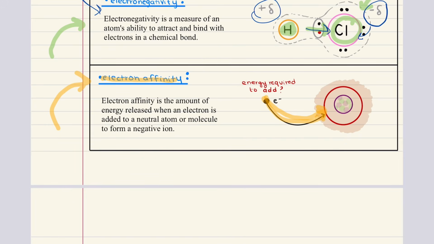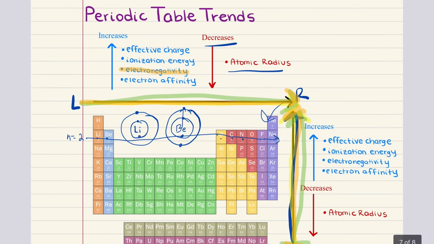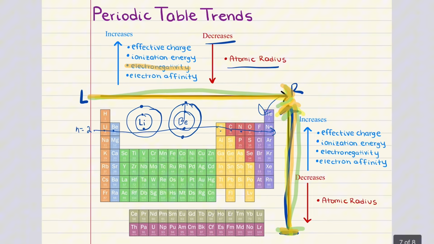Now, the stronger the electrostatic pull, the higher the effective nuclear charge between the nucleus and the valence electrons, the greater the energy release will be when the atom actually gains the electron. So taking that information, let's see how it translates into periodic table trend. What is the trend for electron affinity as we move from left to right? It's going to increase.